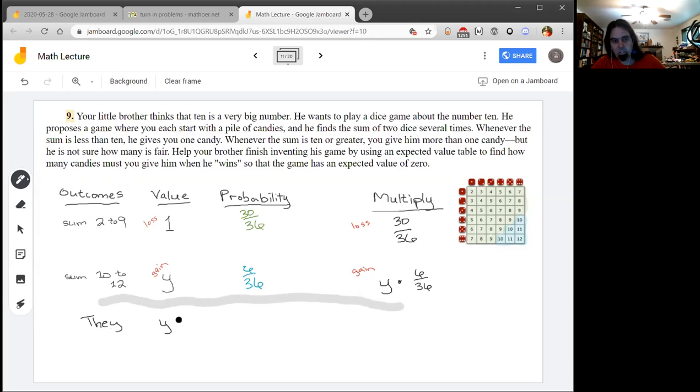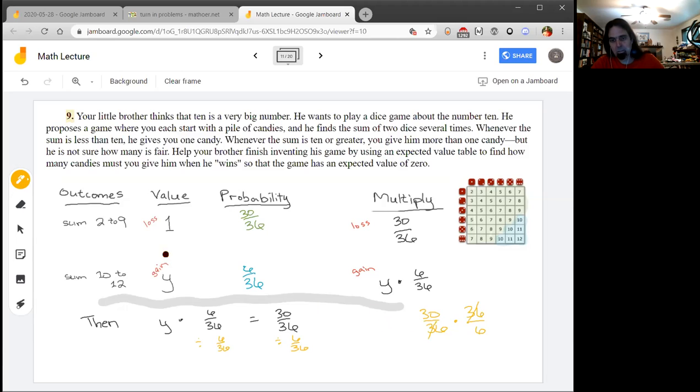So we want y times 6 over 36 is 30 over 36. Divide both sides by 6 over 36. How does that happen? Dividing by something is the same as flipping and multiplying.